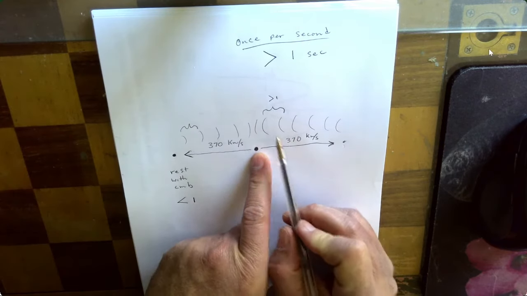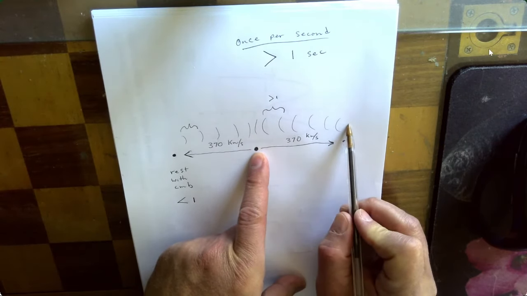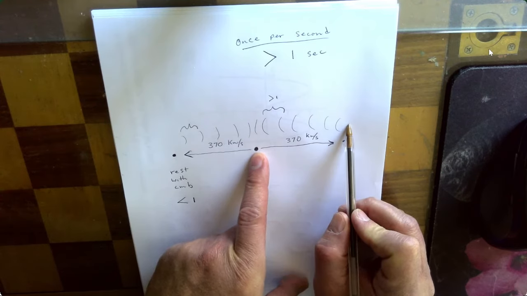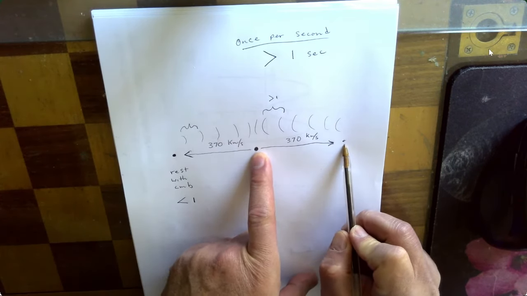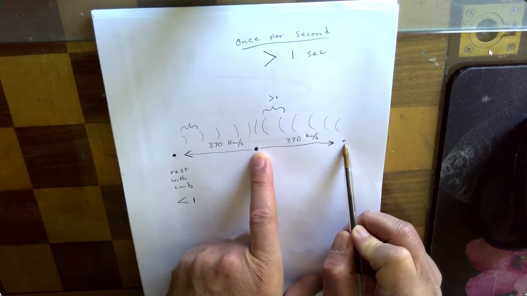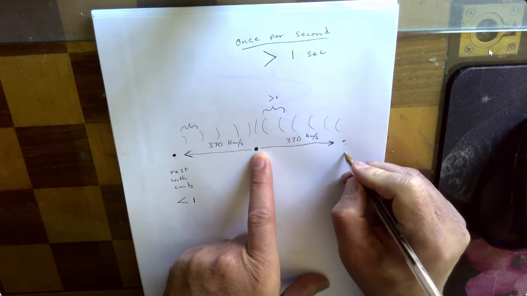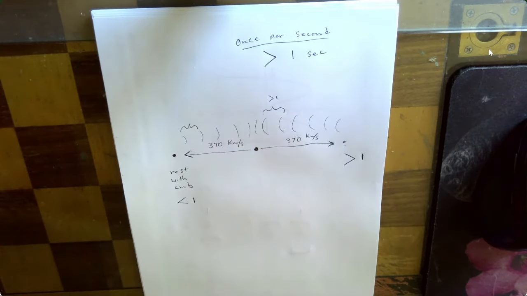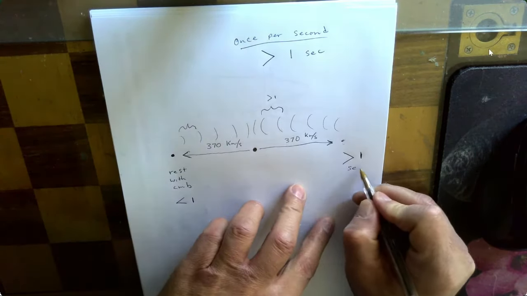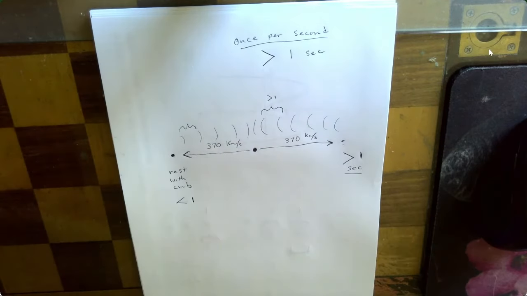Now this one, because it is essentially doubling its speed with respect to the CMB, the amount of encounters with neutrinos should go up, so time should be slowed down, and so this one should be greater than 1 second. Greater than 1 second. Now, there are several things that have to be kept in mind here.